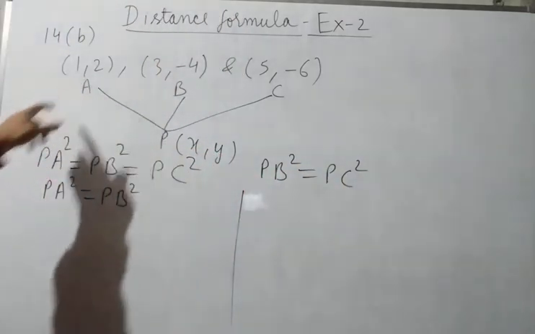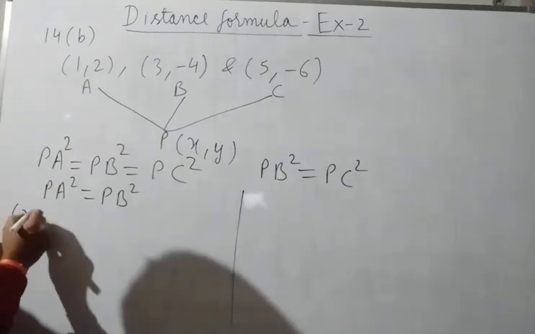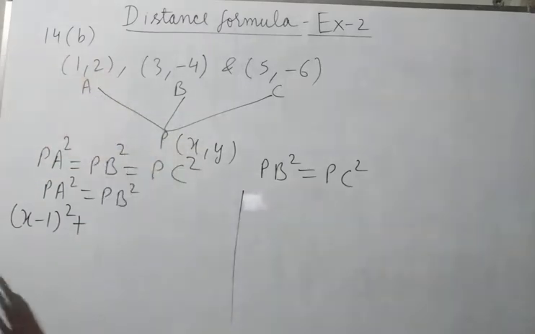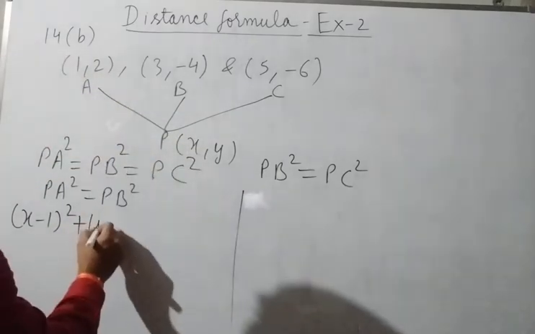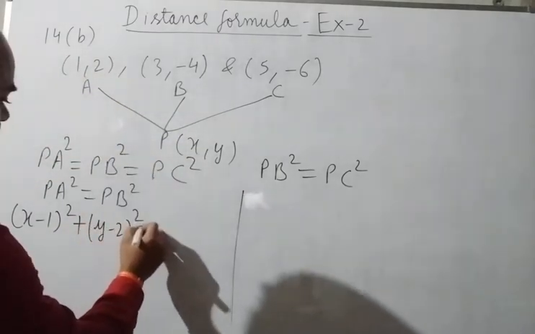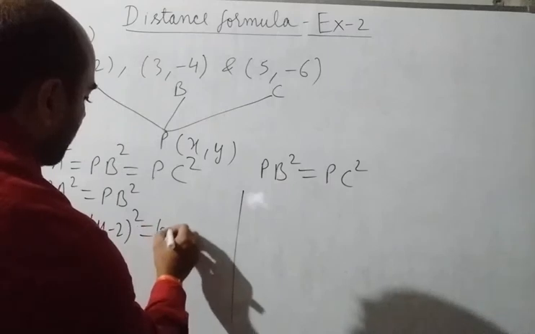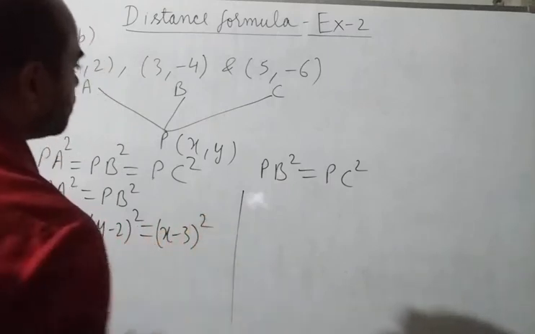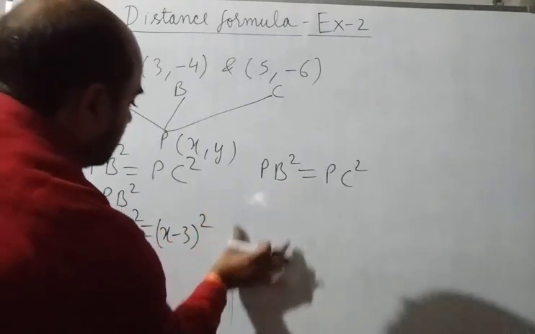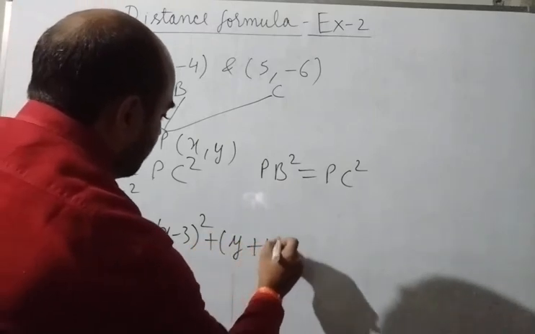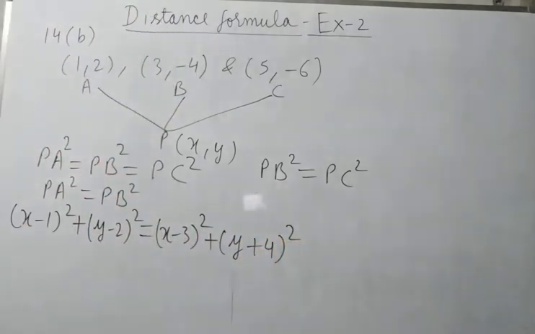So PA square will be x minus 1 whole square plus y minus 2 whole square. That is PA square. Next is PB square. PB square means x minus 3 whole square plus y plus 4 whole square. Now solve.